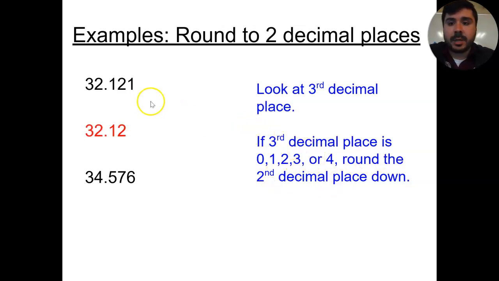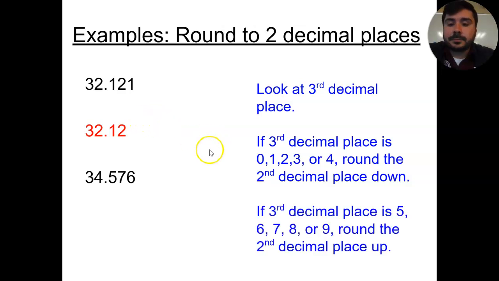In this example, we wanted to get rid of this 1 by rounding it. This 1 is obviously in that realm of being a 0, 1, 2, 3, or 4, so it's not going to change our 2. Our 2 is just going to stay as it is, right? So 32.121, rounded to the second decimal place, stays at 32.12, okay?